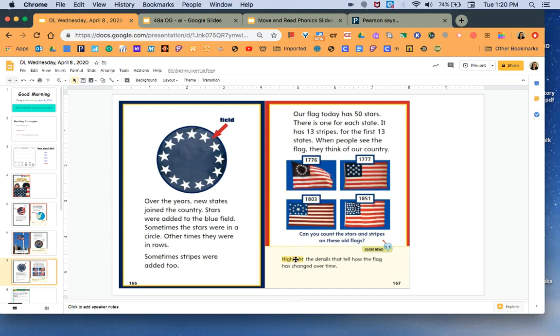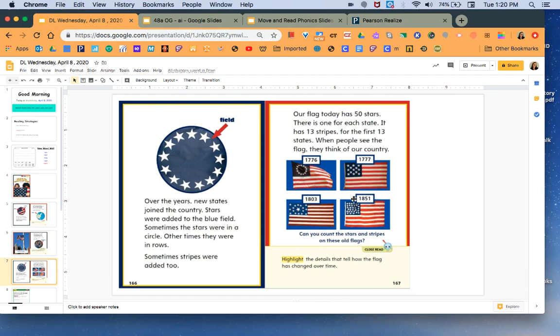So it says highlight. I'm just going to use my finger again. The details that tell how the flag has changed over time. So what's one of those details of how the flag has changed? Well, I see it says the flag today has 50 stars, has one for each state, and it has 13 stripes.